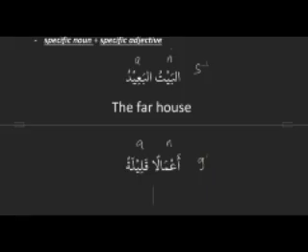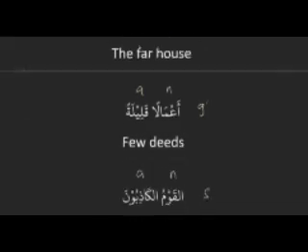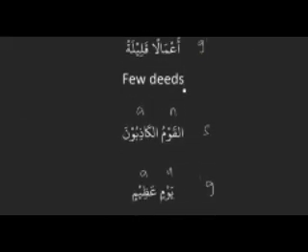أعمالا قليلة. Few deeds. Right, we start with our adjective, then our noun. القوم الكاذبون. Nation of liars. What kind of fragment would that be? When you have an of there, it indicates possessive. So how would we translate this as a description?